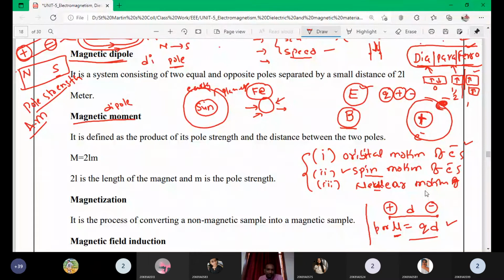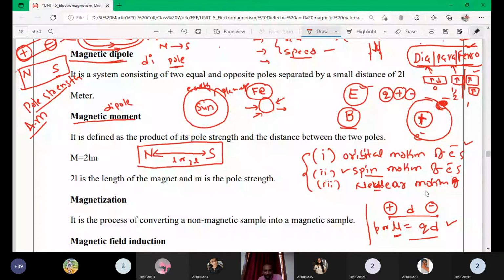Here also, magnetic moment means, suppose here north pole and here south pole, the pole strength and the distance between these two poles. You can take L or 2L, it is not a problem.